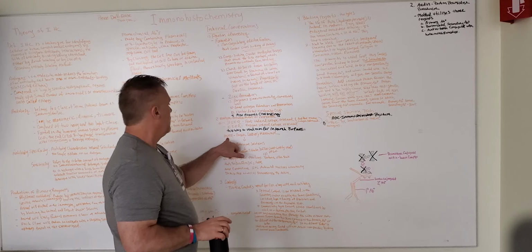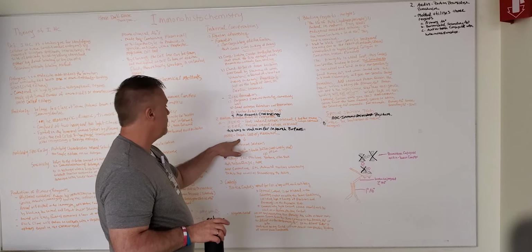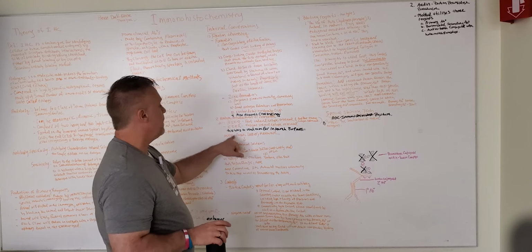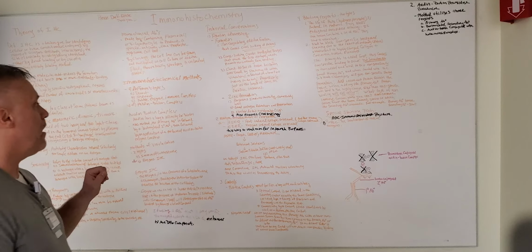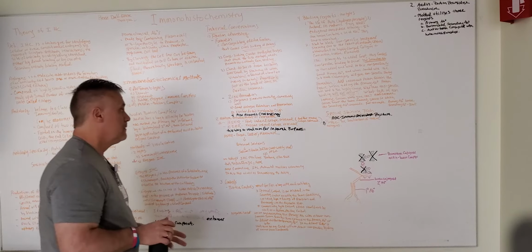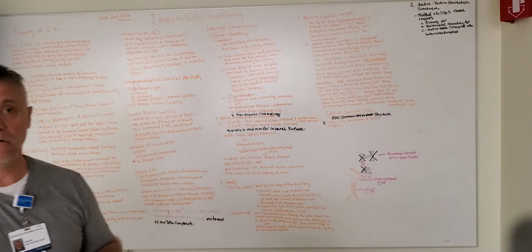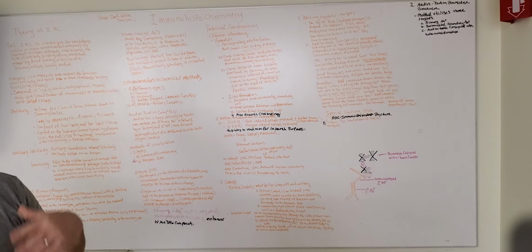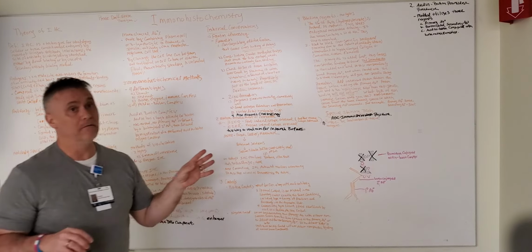So here we go. Heat-induced epitope retrieval. A couple ways of doing it. Pressure cooker is one of them, or you could also use the microwave, or you could have a machine like we do upstairs, and it does it for you. It heats it up to a point. If you have to use antigen retrieval, now some epitopes don't require it.